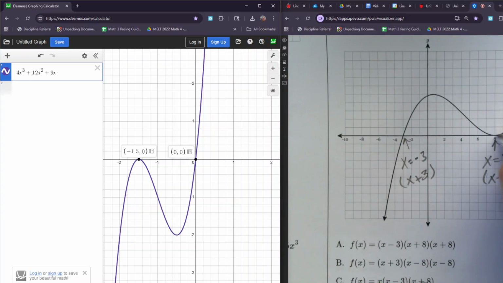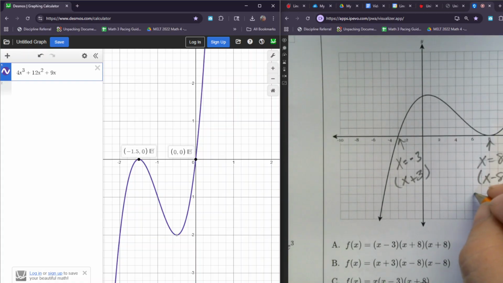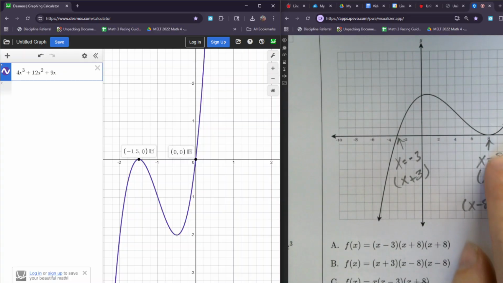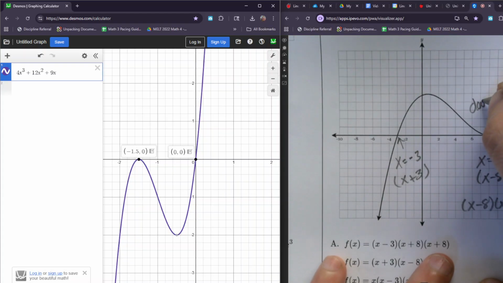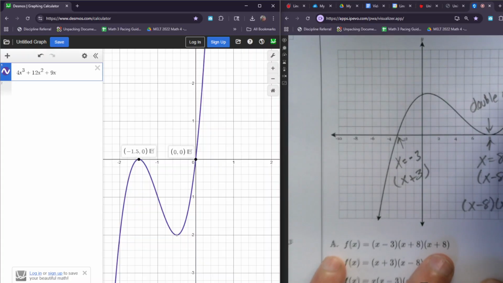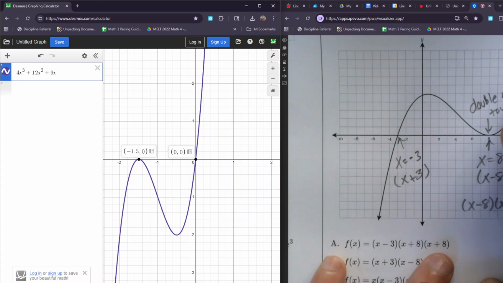But since it touches the x-axis but doesn't cross, that gives me a double root, which makes it squared, or x minus 8 times x minus 8, because it's double root. And you know that double root just touches.